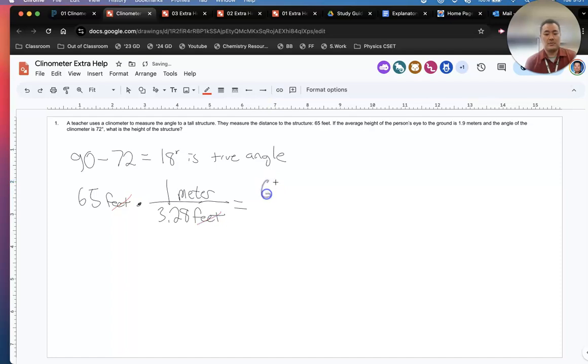And what's left over will be 65 times 1 over 3.28. It's the same thing as 65 divided by 3.28. So Jimenez, give us that number.